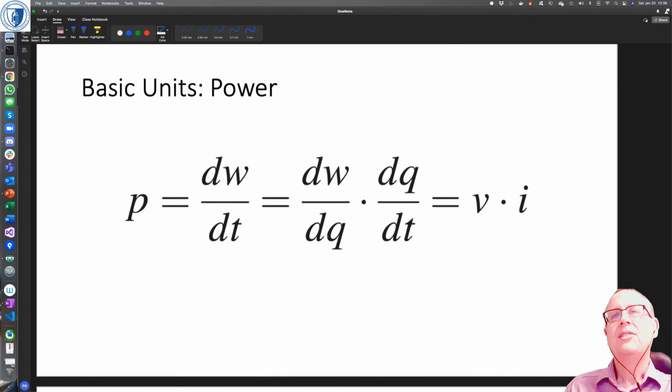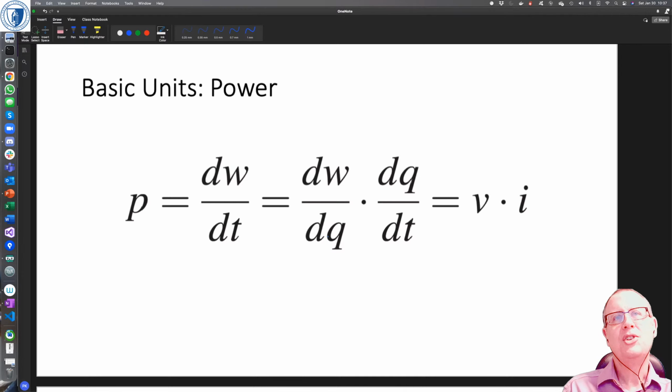And there's some more derivative relationships, and again P equals VI or P equals IV. Power is the derivative of work or energy.